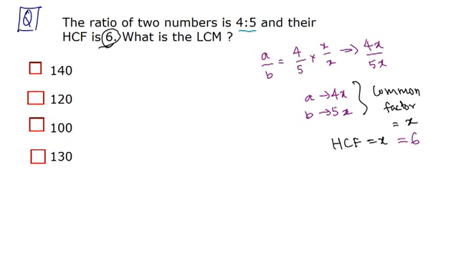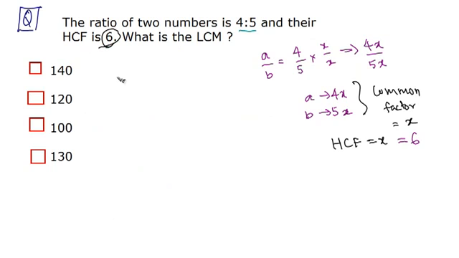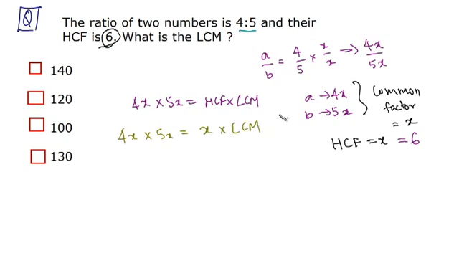Now we know this property: the product of two numbers is equal to the product of their HCF and LCM. So the product of these two numbers, 4x into 5x, equals HCF and LCM. Now HCF is x, so we can write 4x into 5x equals x into LCM.